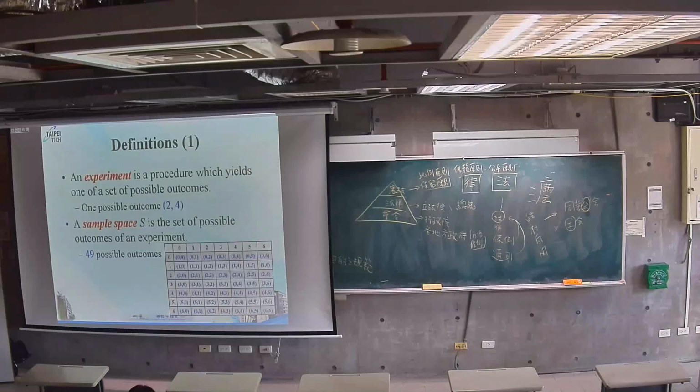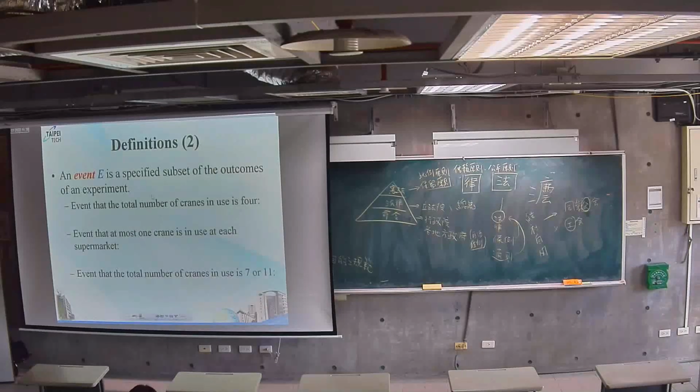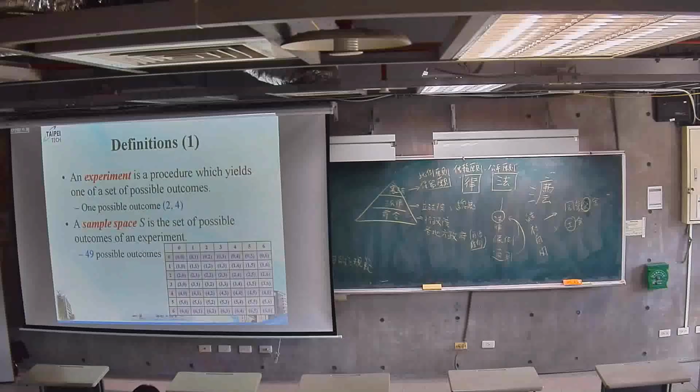So if we want to know the total number of cranes in use is 4, we can check all the possible outcomes, do the additions on these 2 numbers, and take the ones equal to 4.